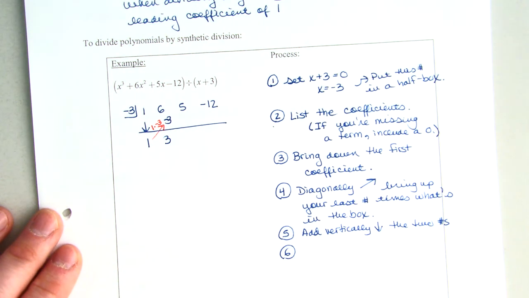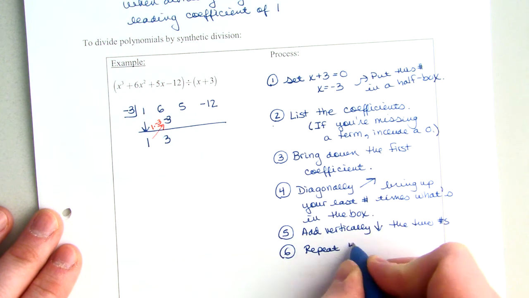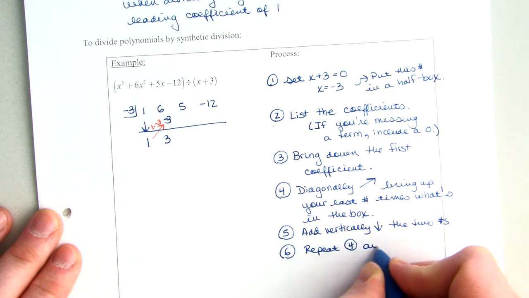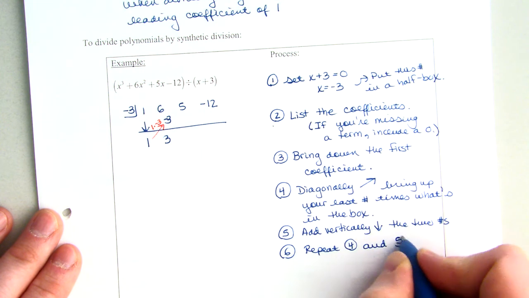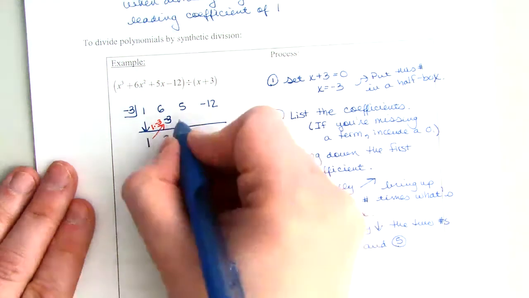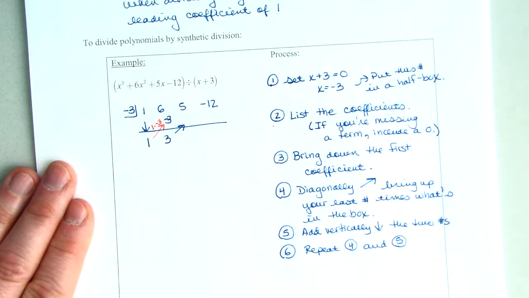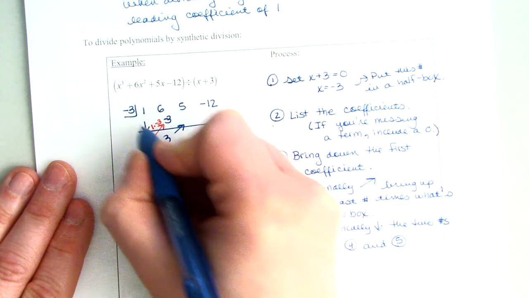Step number 6. I'm going to continue repeating this process. I'm going to repeat steps 4 and 5. Which means I'm going to bring up diagonally this answer 3 times what was in the box.